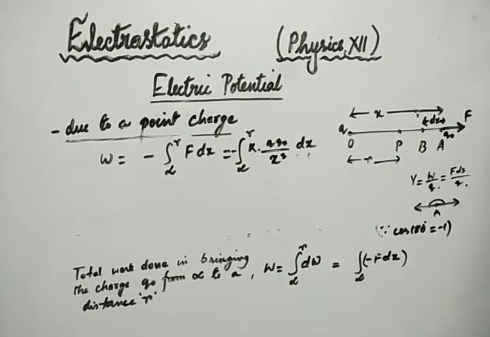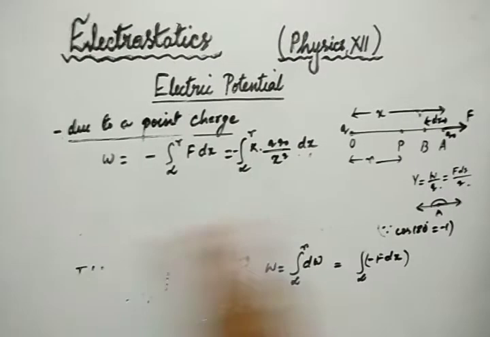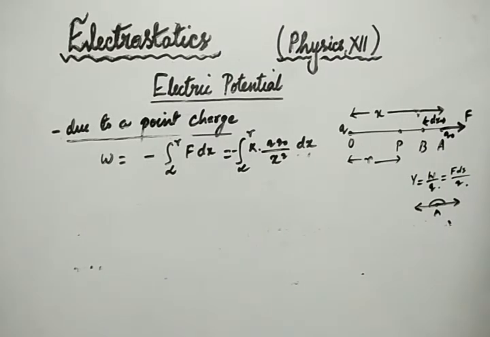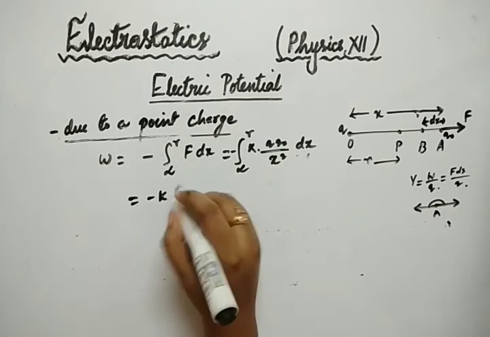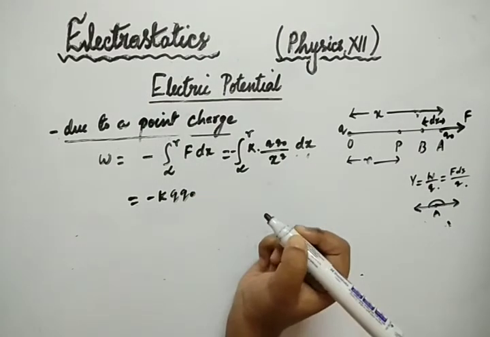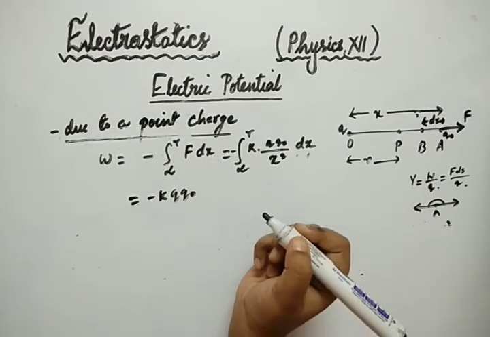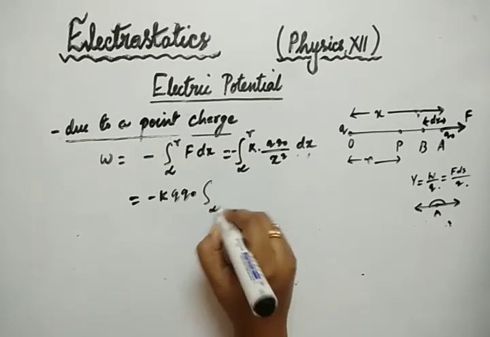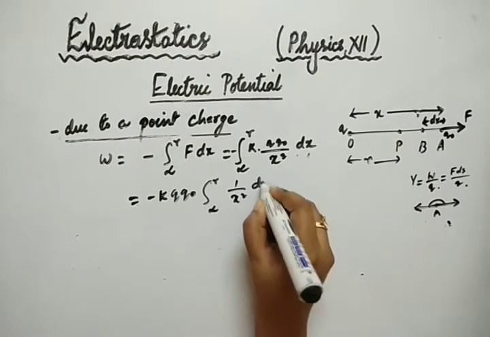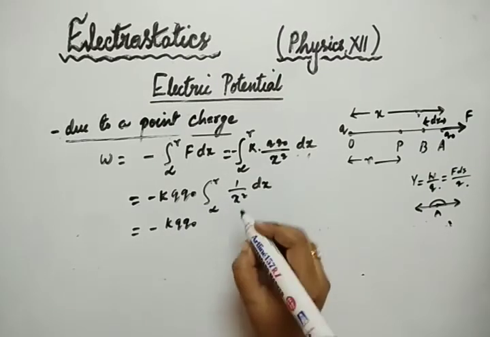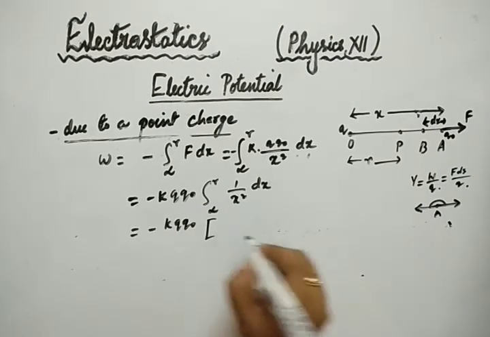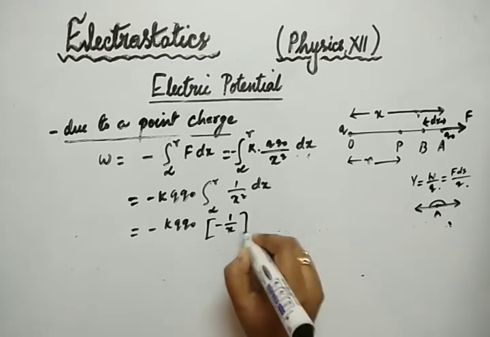This is the formula of force. Now this K will come outside, q naught will also come outside, and 1 by x squared will be inside the integration. Now the integration of 1 by x squared will give you minus 1 by x.